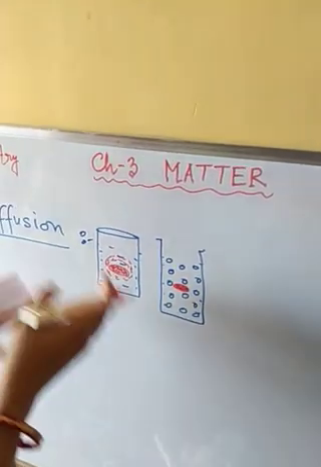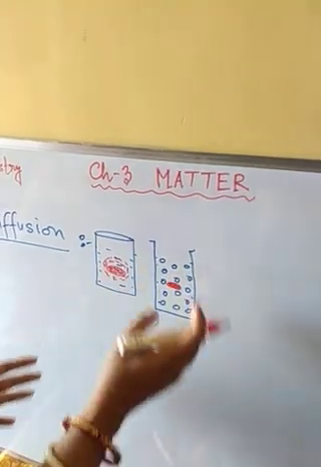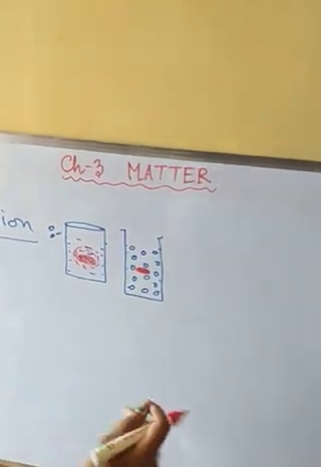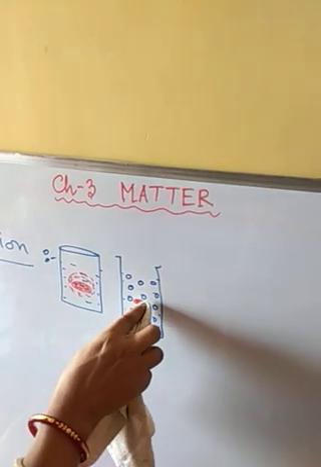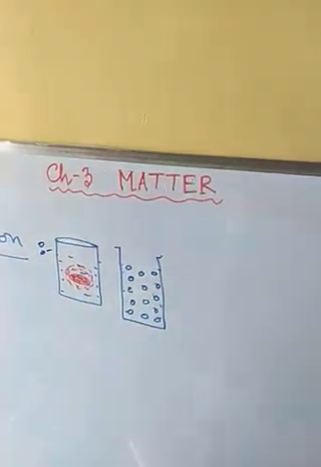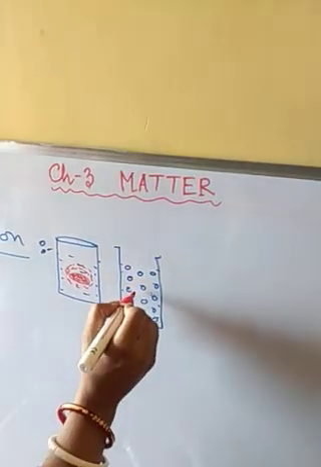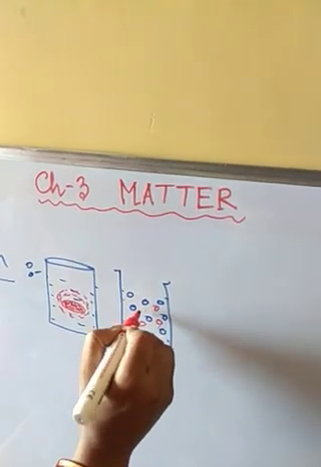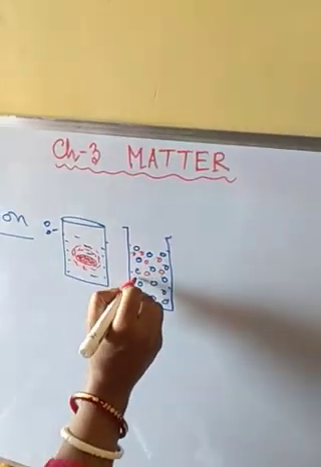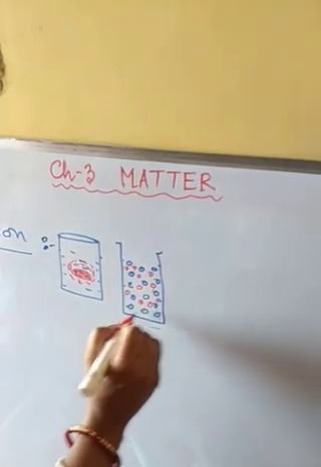That means the particles of the ink get spread all over in the water, and after some time, in between the particles of water, the red particles of ink will get adjusted.